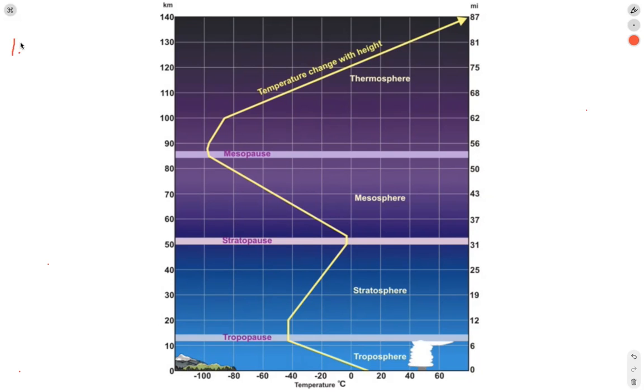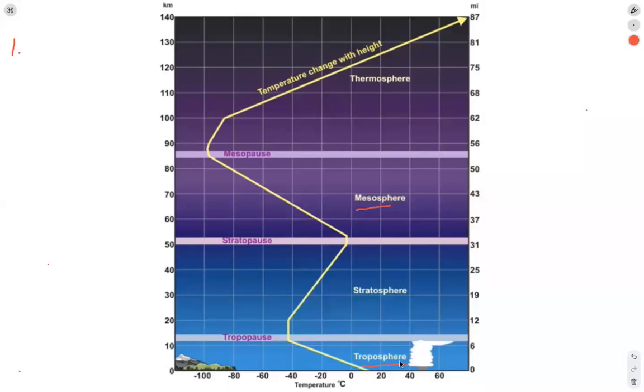So number one says, what happens to the temperatures as we go up through the atmosphere? What do you notice as we're going up? What's going on with the temperatures? It gets cooler. They're getting cooler. So you could say that for the troposphere and the mesosphere.